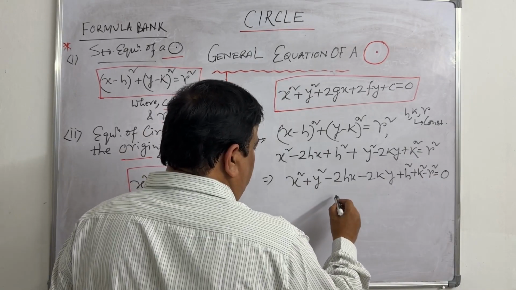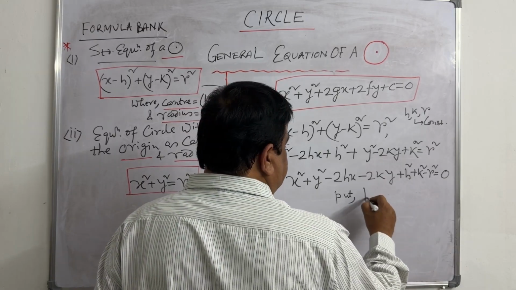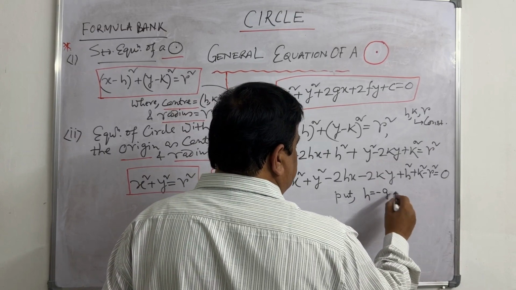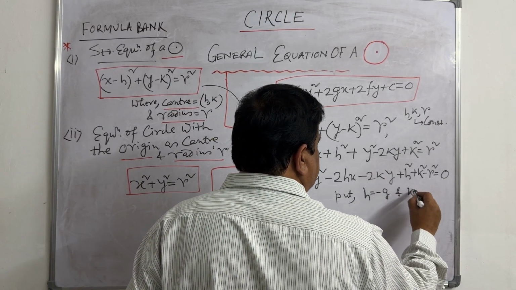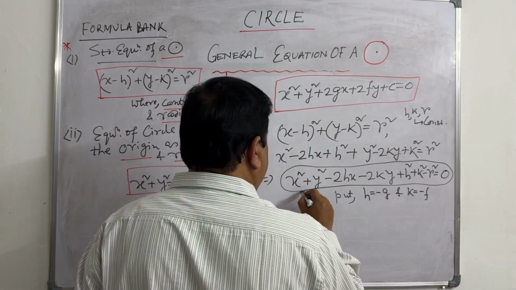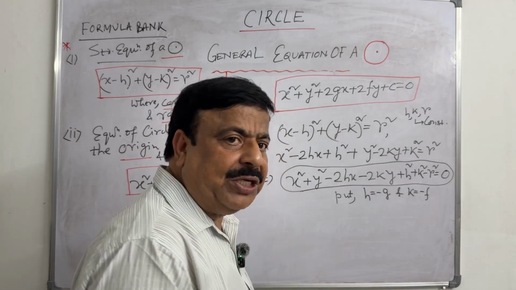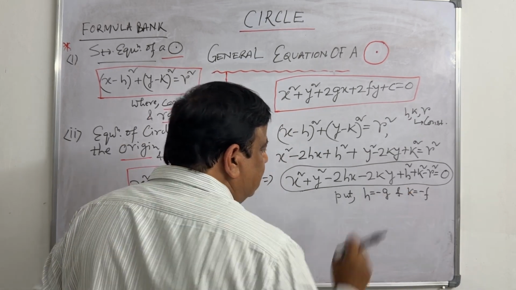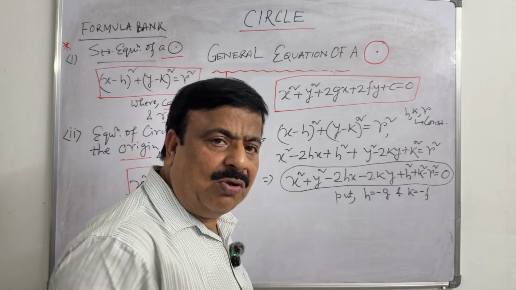If you put h is equal to minus g and k is equal to minus f in this equation, then how can we express this equation in terms of g, f and other constant terms?